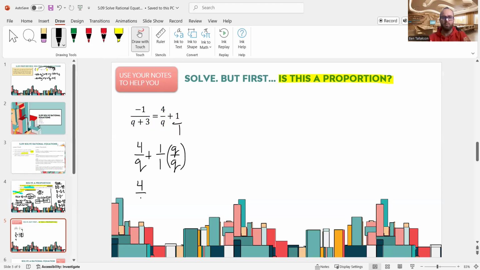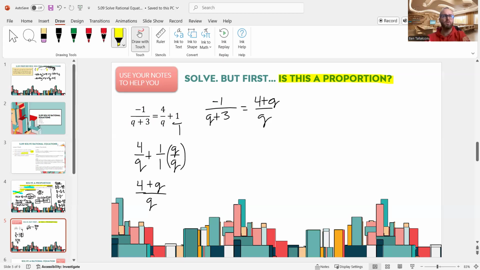So q over q, multiplying by that opposite denominator, gives us this fraction. So we have 4 plus q over q, right? All right, so now we've created one fraction on that side of the equal sign. So it's time to bring everything back together. Equals 4 plus q over q. All right, now we have a proportion.